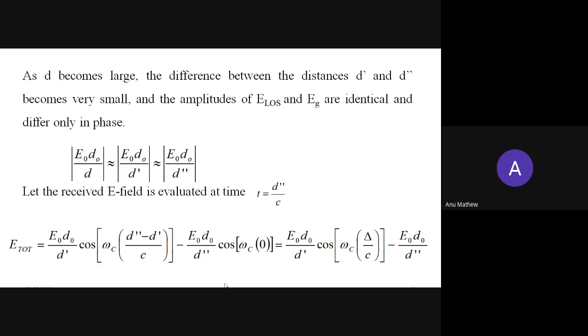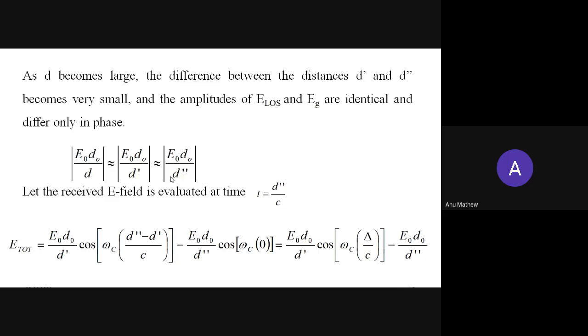So the difference will be very small. In that case, the line of sight energy and the ground reflected energy will be almost equal, and they will be out of phase. So we can write E naught d naught by d is approximately equal to E naught d naught by d dash, approximately equal to E naught d naught by d double dash.